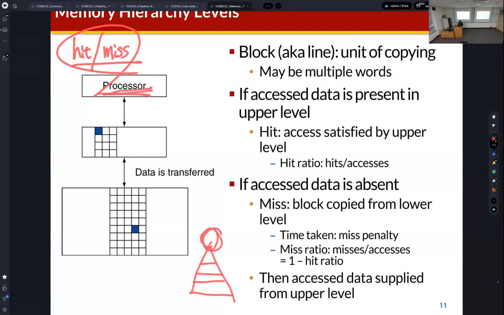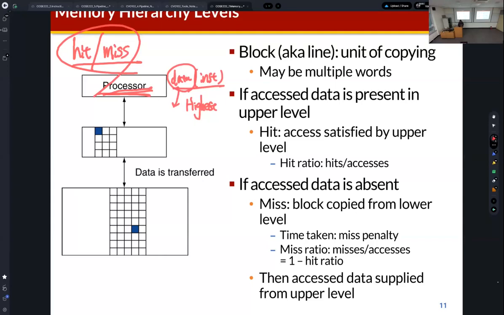And then the processor is here. The processor requires data, like data, and data includes the instruction. Then the processor requests the required data to the highest level, which means the high level memory.